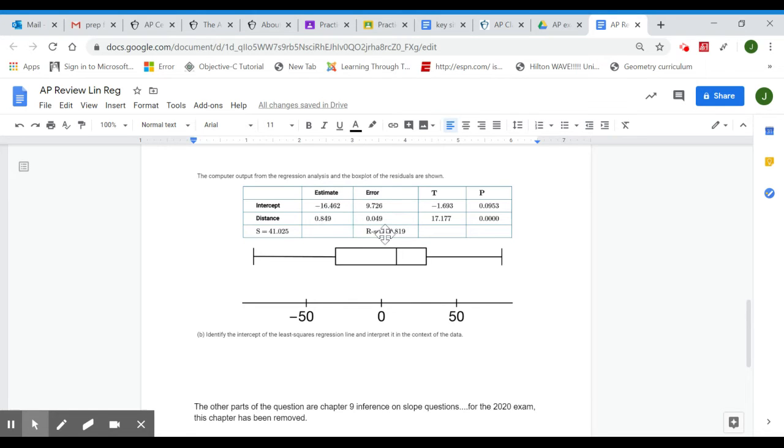So that's going to be the correlation coefficient, which we'll get to in a minute. If you take the square root of that and use the same sign of the slope, you'll get your correlation coefficient. Okay, now the computer output from the regression analysis and the box plot of the residuals. So this is talking about the distribution of the residuals themselves.